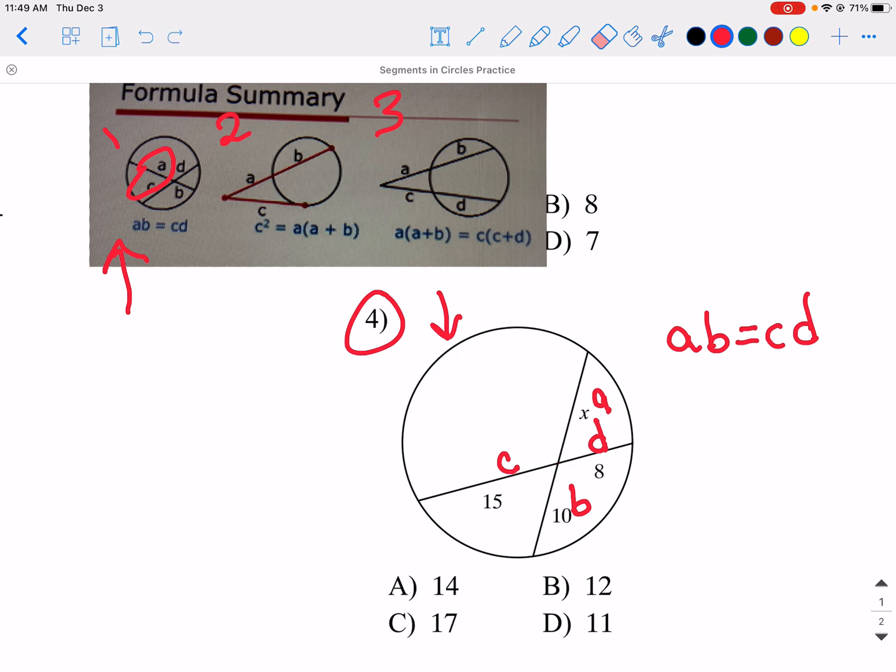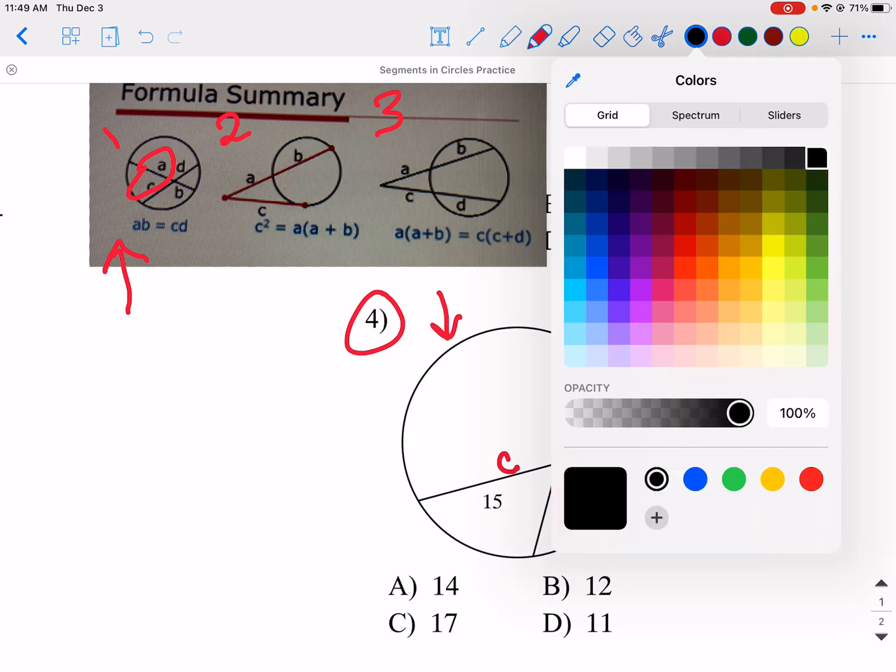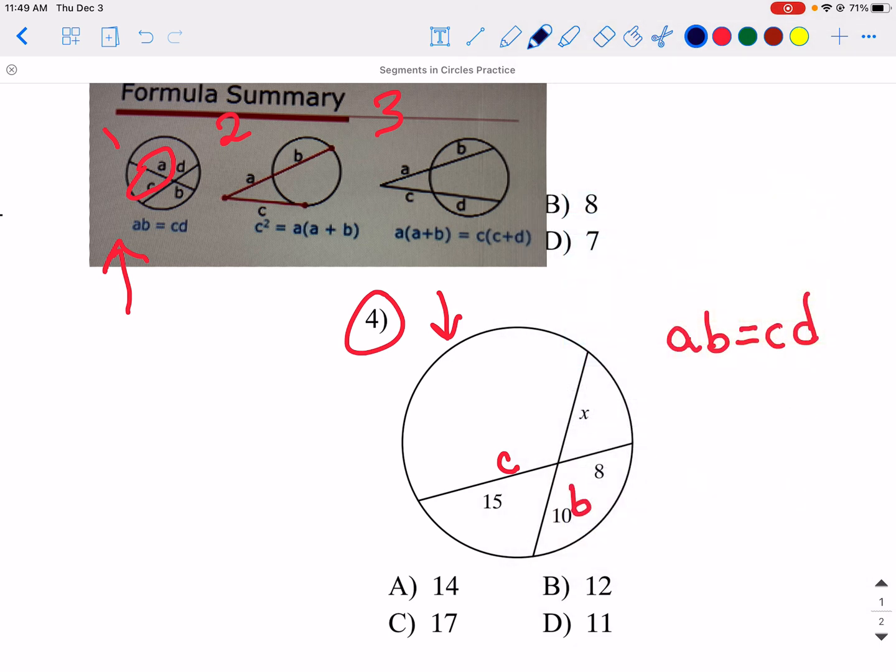All right, so let's label, we got C and D. So A is X, B is 10, C is 15, and D is 8.